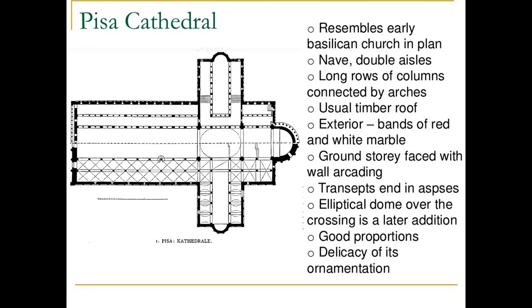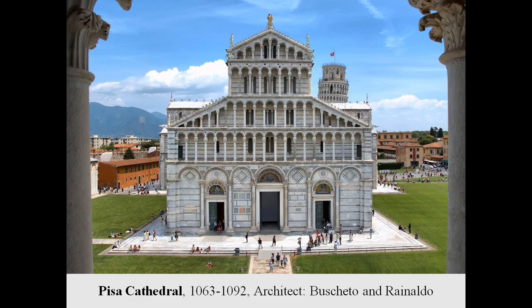We can notice that it really reminds us of the Byzantine basilicas. Also, we can see the delicacy of the ornamentations, a great amount of marble decoration elements. Especially, we can see the bands of red and white marble. There is also a timber roof.